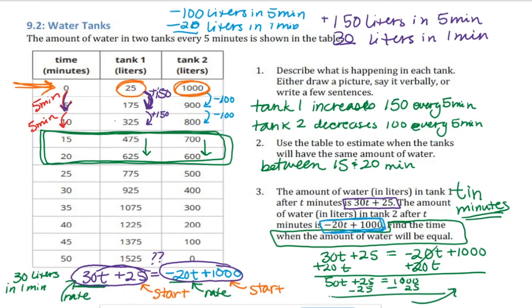I'm going to have to move up here. Sorry, you should have more room on yours than I do. 50t equals 975. Divide each side by 50. And I get t equals 19.5.